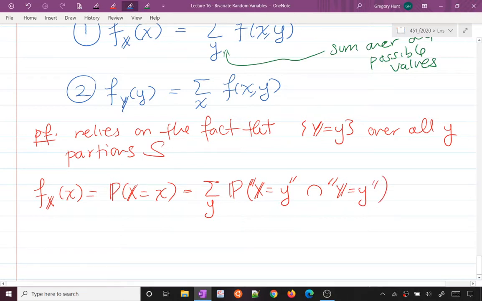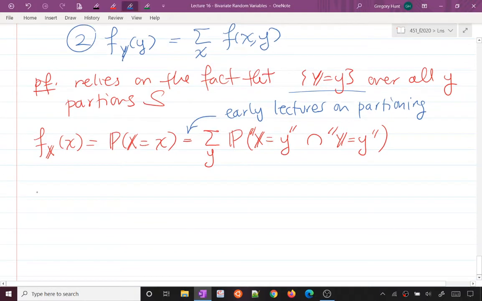So this, if we go back to maybe one of our early lectures, is the partitioning. If I have some partition of my sample space, I can always write the probability of some event as the probability of that event intersect with each of the things in the partition, and I can sum them all up.